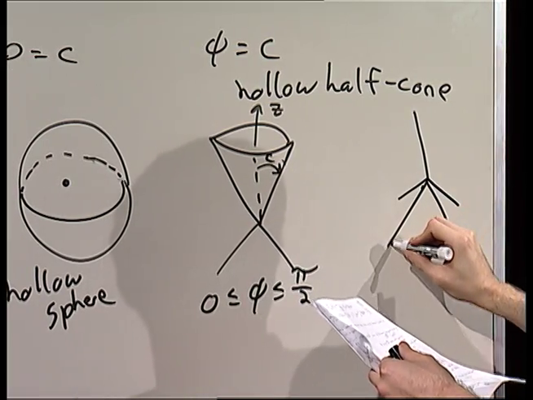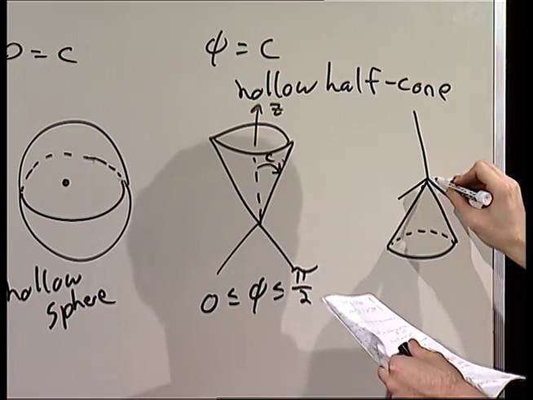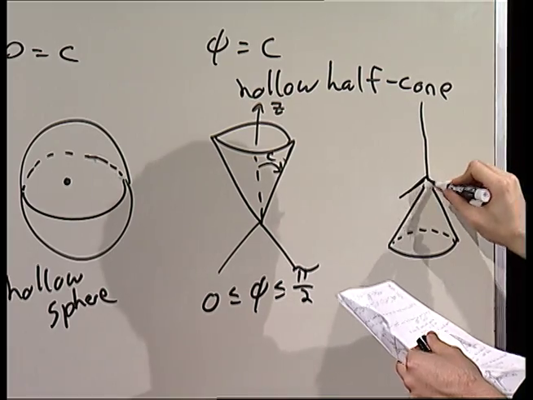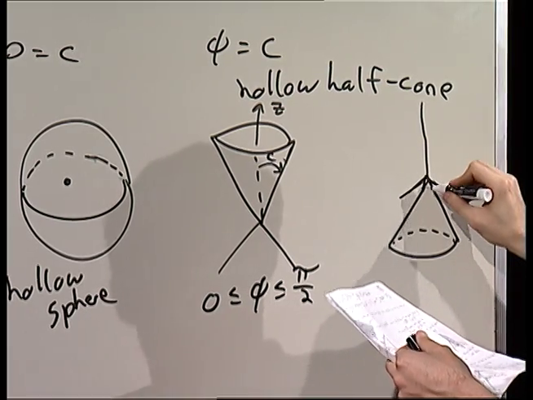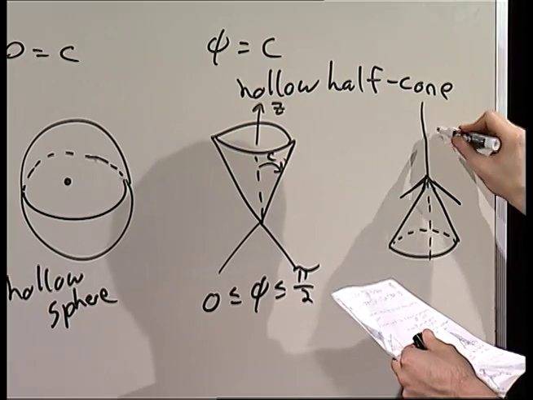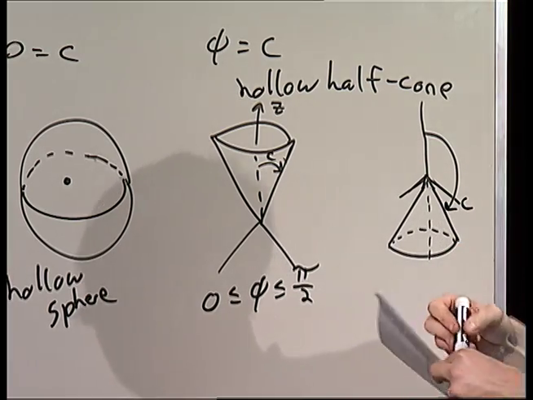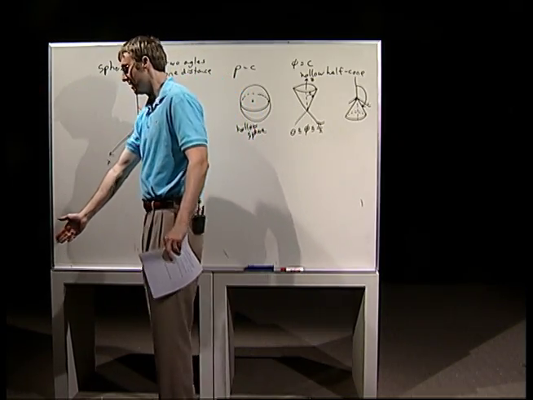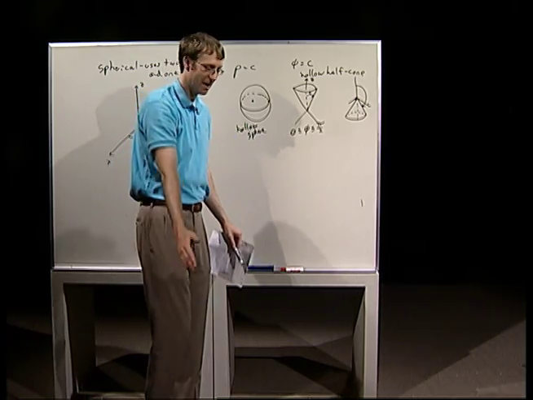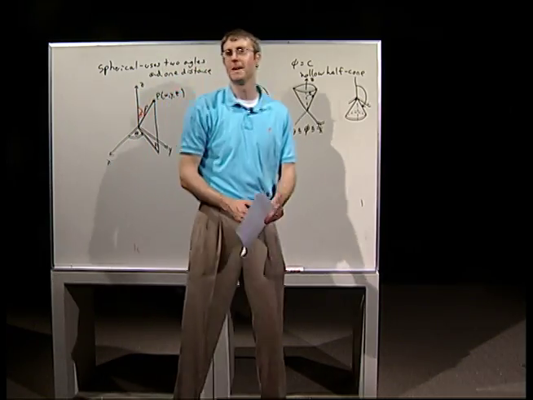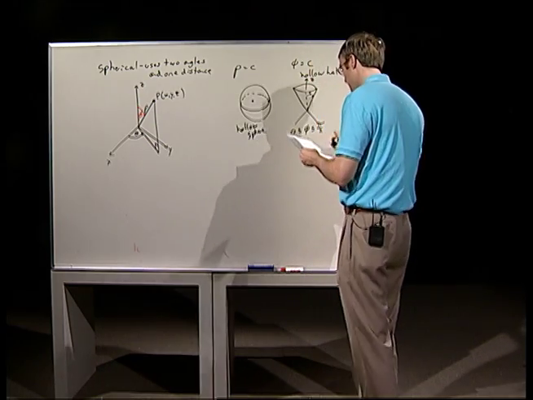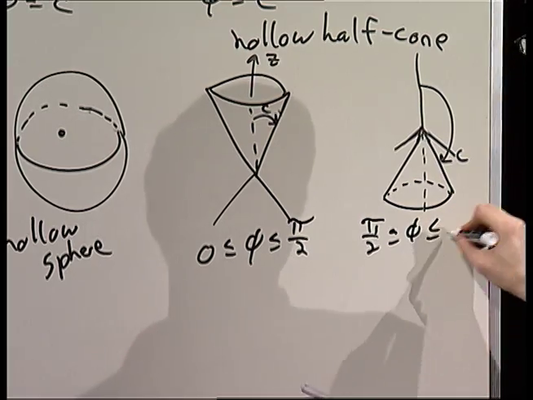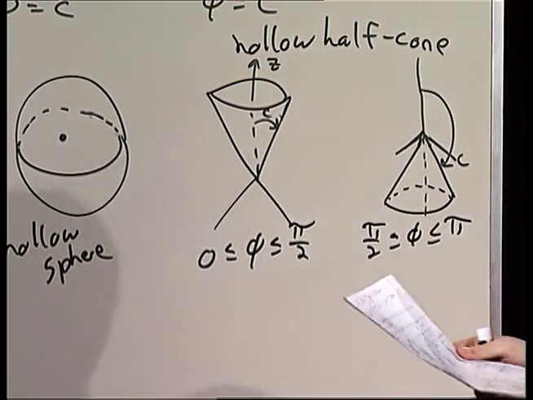There's your hollow half cone, and this is an atrocious drawing, but your cone sits there, and you extend down, and now your angle goes like that. So now I'm below 90 degrees, rotating around, sweeping out a circular arc with my arm in a fixed position. So this is pi over 2 less than phi less than pi. That's phi equals c.